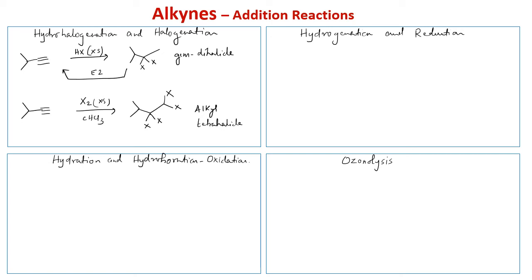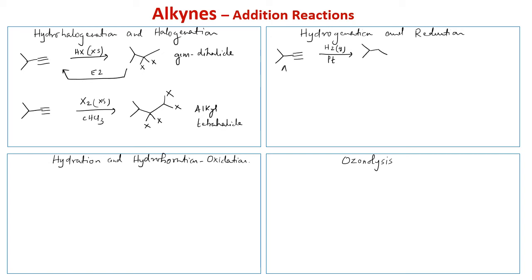Now you can do hydrogenation and reduction on alkynes, very similar to what we did with alkenes, but you can do more here. Okay, so if we do a hydrogenation on a terminal alkyne, like the one that we were using, so if I use H2 gas with platinum catalyst, what I will get is the alkane.